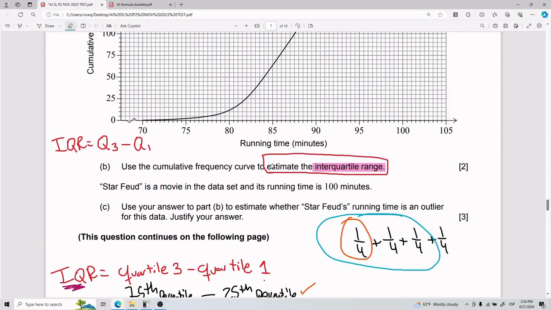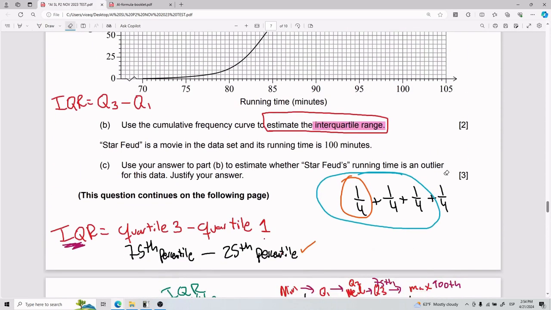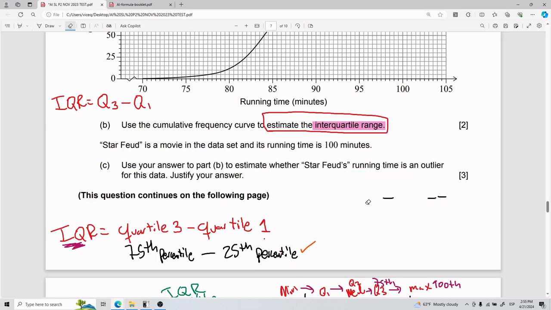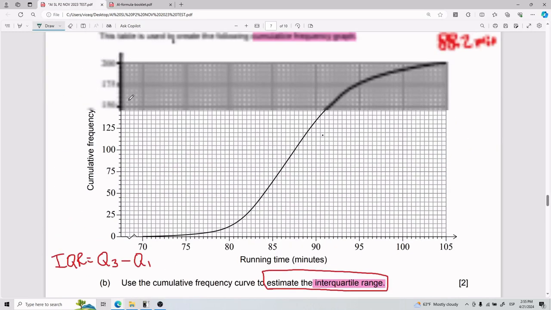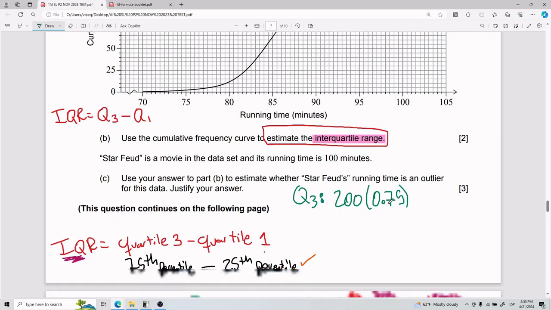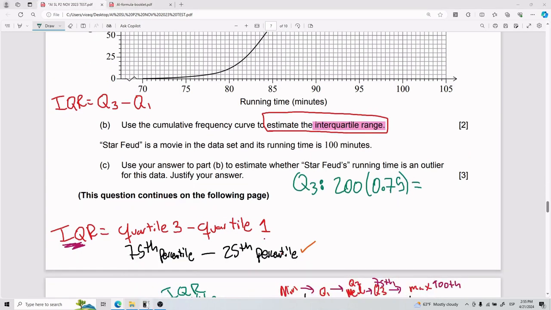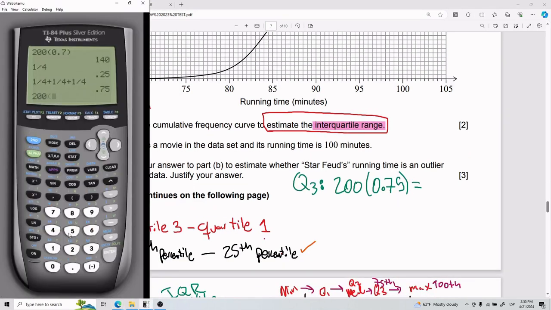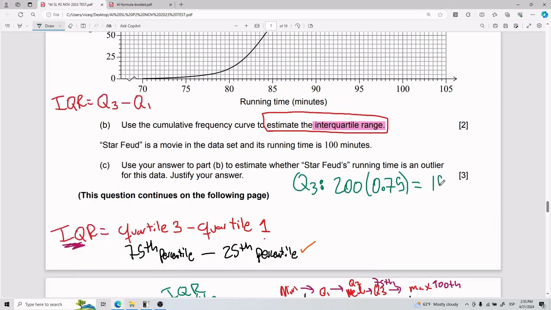And so if I go all the way back here, when you estimate the interquartile range, I'm considering Q3, I'm considering Q1. To find Q3, I take my total, 200, because 200 movies, right? And I want to find which value is at 75%. So 200 times 0.75, boom, 150.